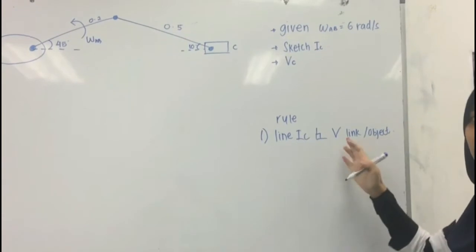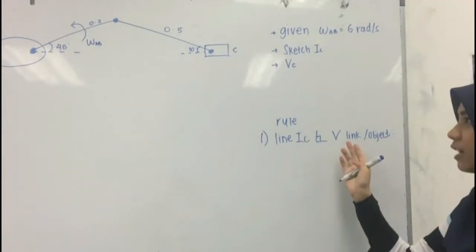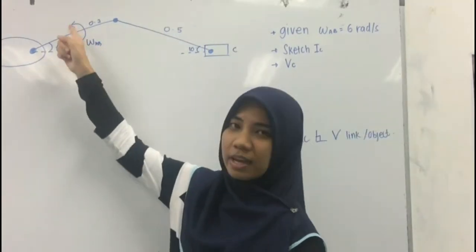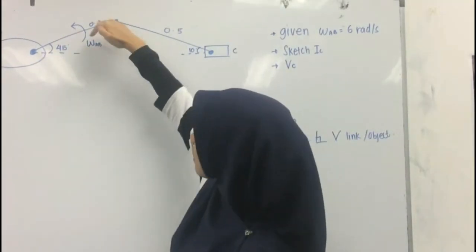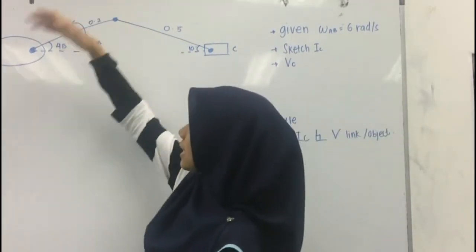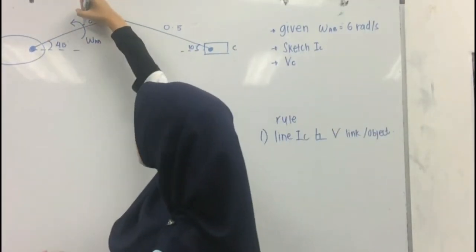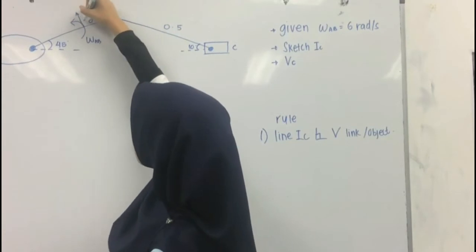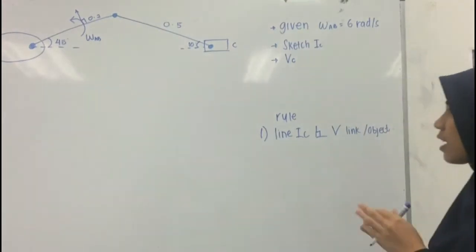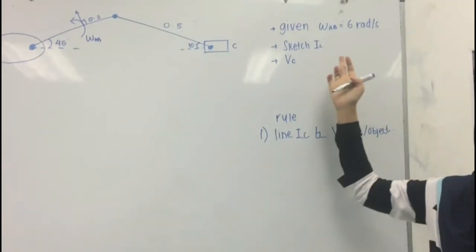Dan biasanya direction of velocity akan depends kepada direction of angular velocity kita. Manakala dia anti-clockwise, so velocity ni akan ke atas dan dia kena tangent ataupun perpendicular to the link. Itu adalah rules untuk membuat IC.